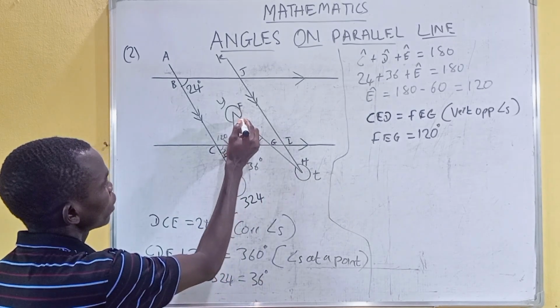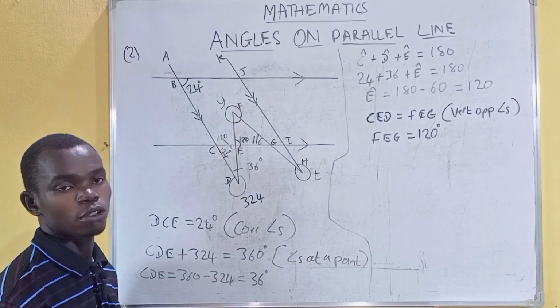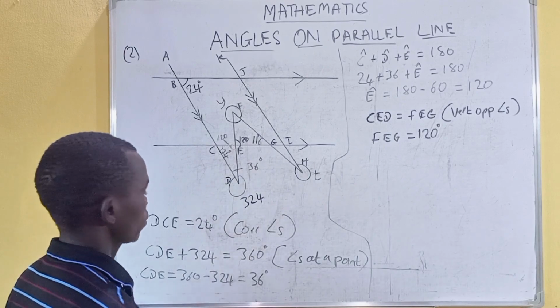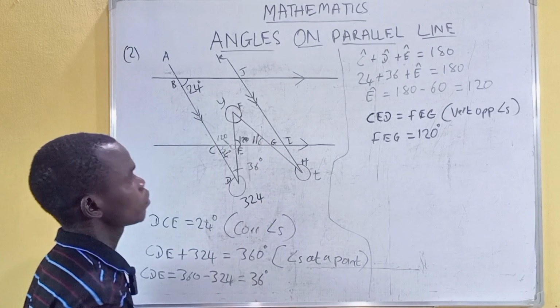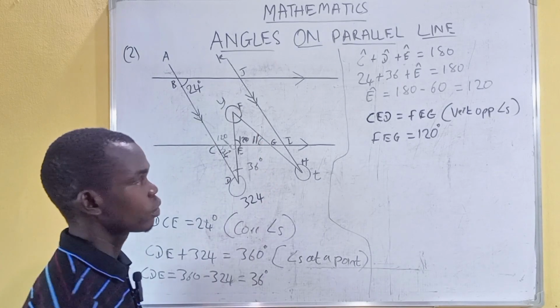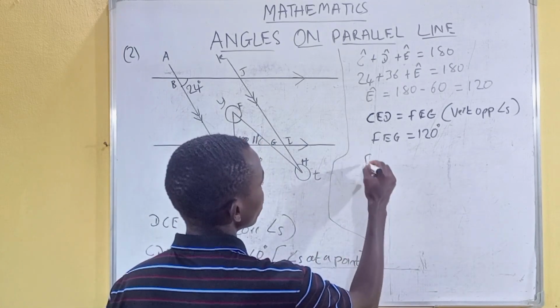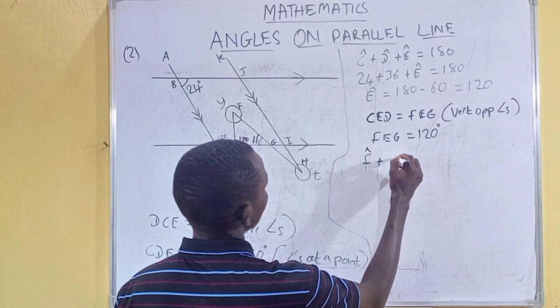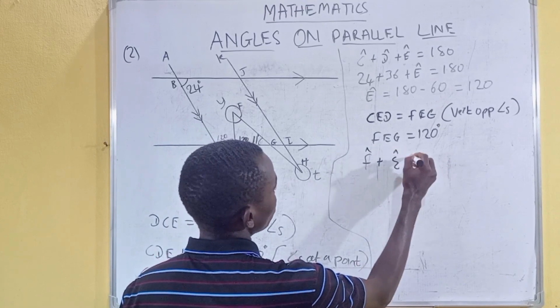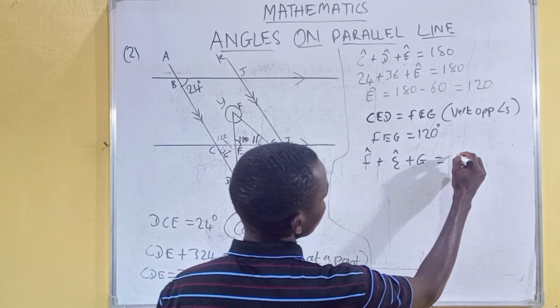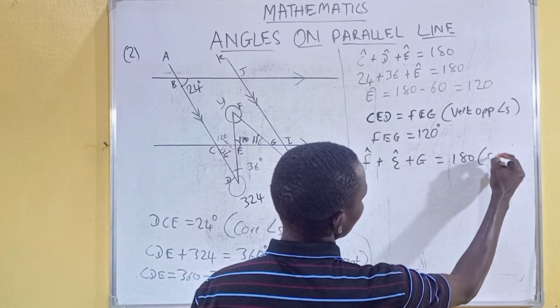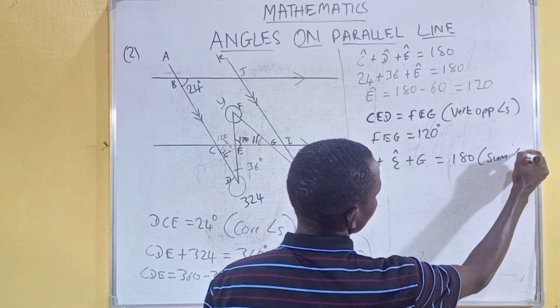We can find this angle using the sum of angles in a triangle. Therefore, angle F plus E plus G is equal to 180, sum of angles in a triangle.